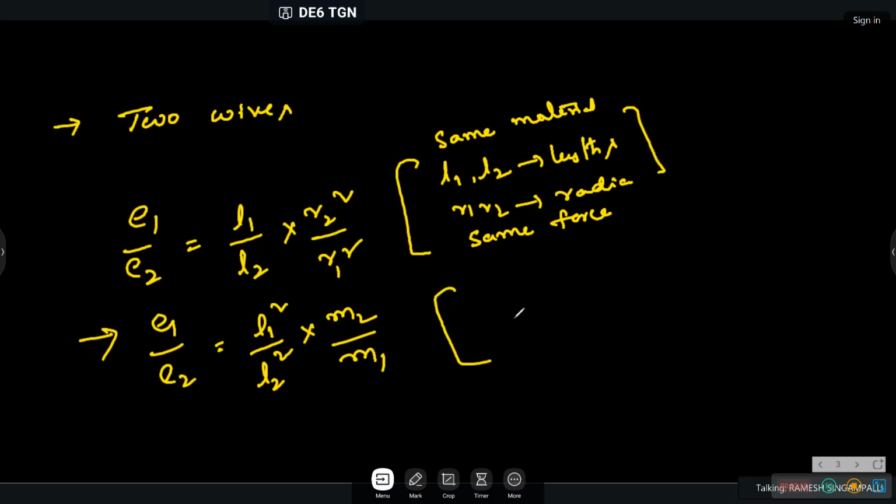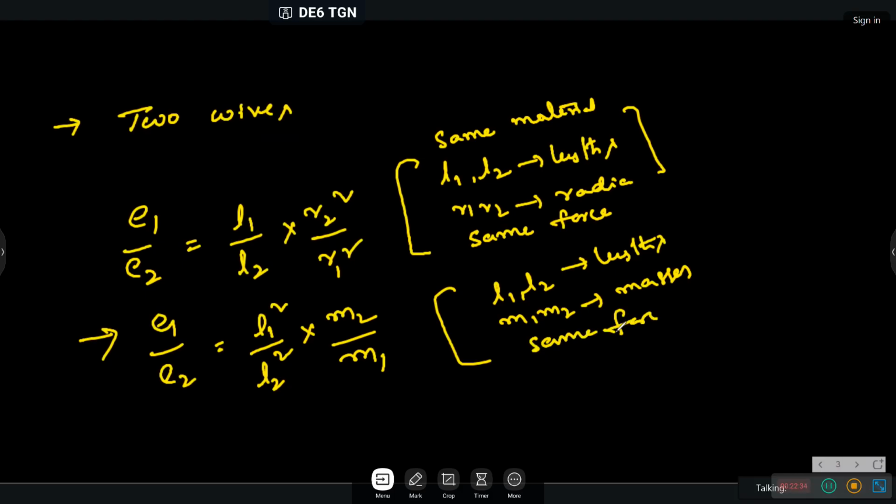Here L1, L2 are lengths, M1, M2 mass of the wires. Same force we should apply. They are made with what? Same material. Then what? L1 square by L2 square into M2 by M1. Next.